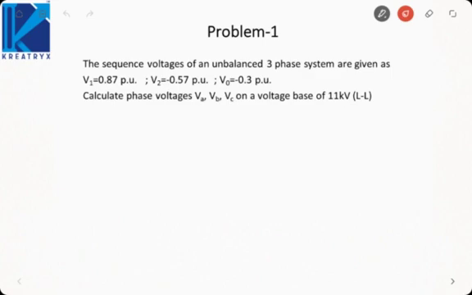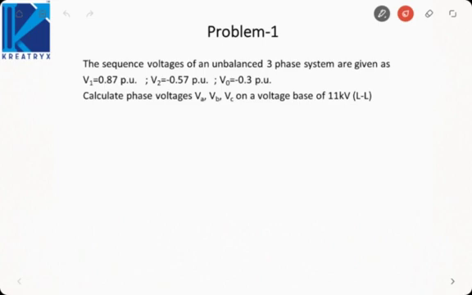The sequence voltages of an unbalanced three-phase system are given as V1 0.87 pu, V2 minus 0.57, V0 is minus 0.3 pu. We need to find the phase voltages. So here we need to calculate phase voltage from the symmetrical components.